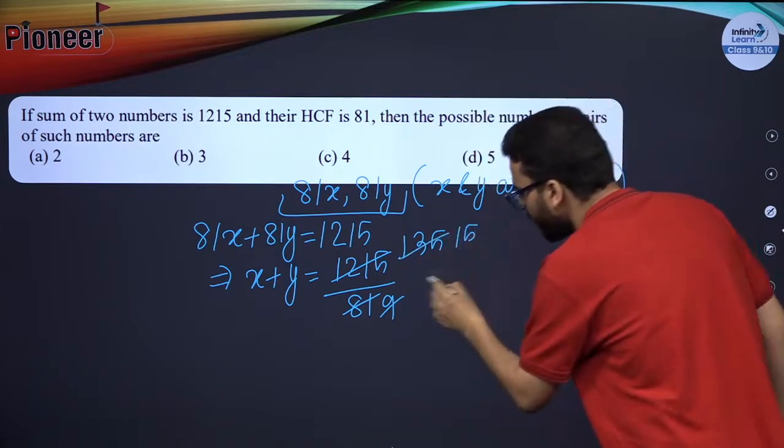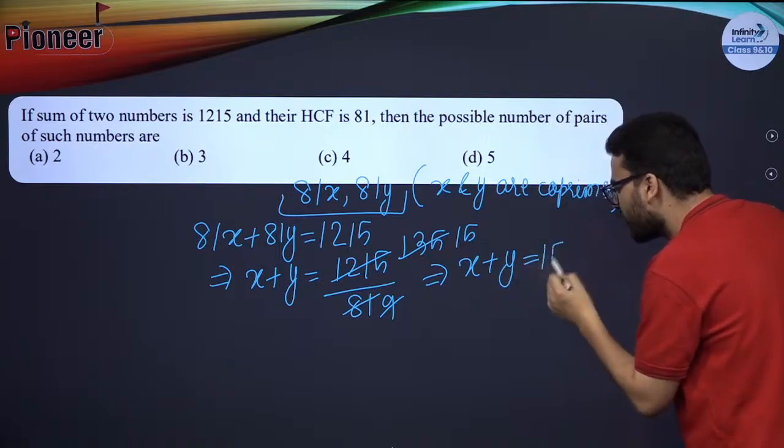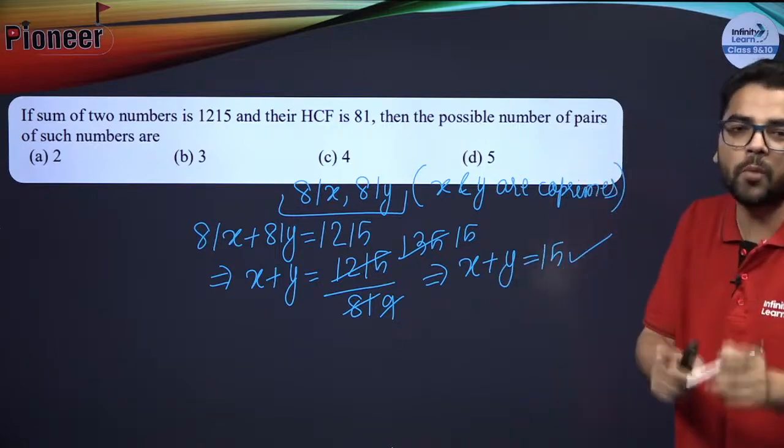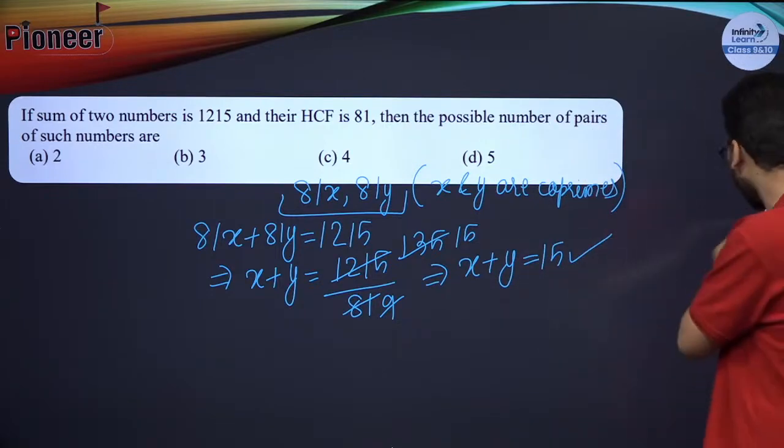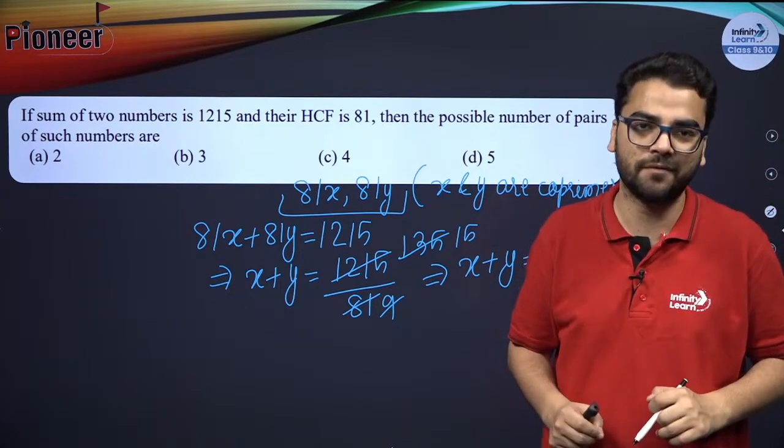So this is coming out to be 15. So x plus y is 15. So basically you have to find unique co-prime pairs whose sum is 15.